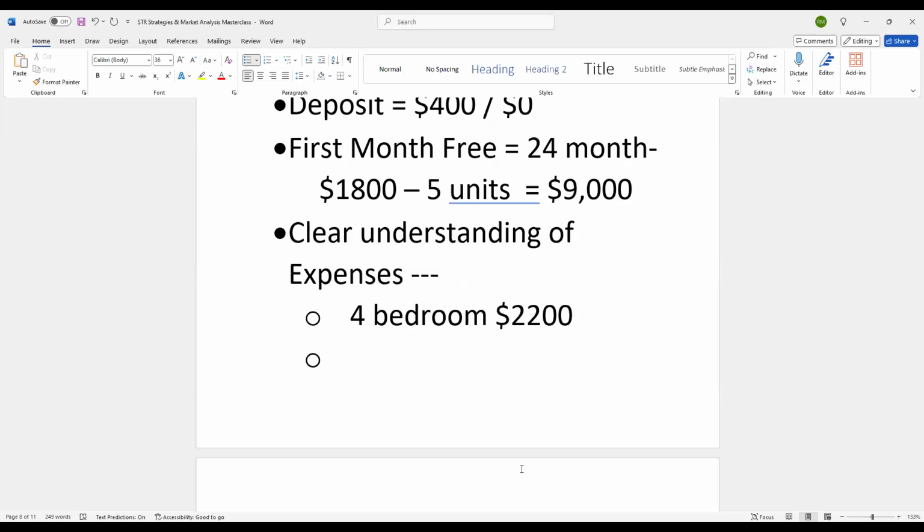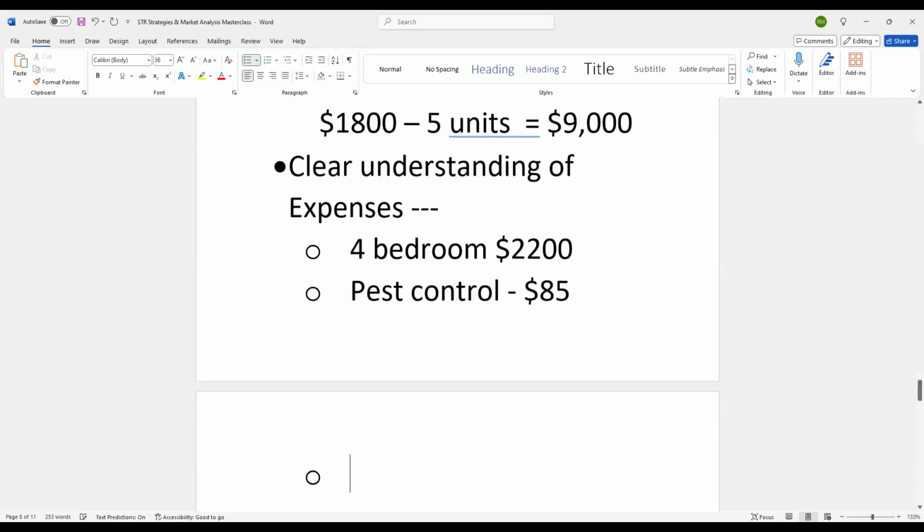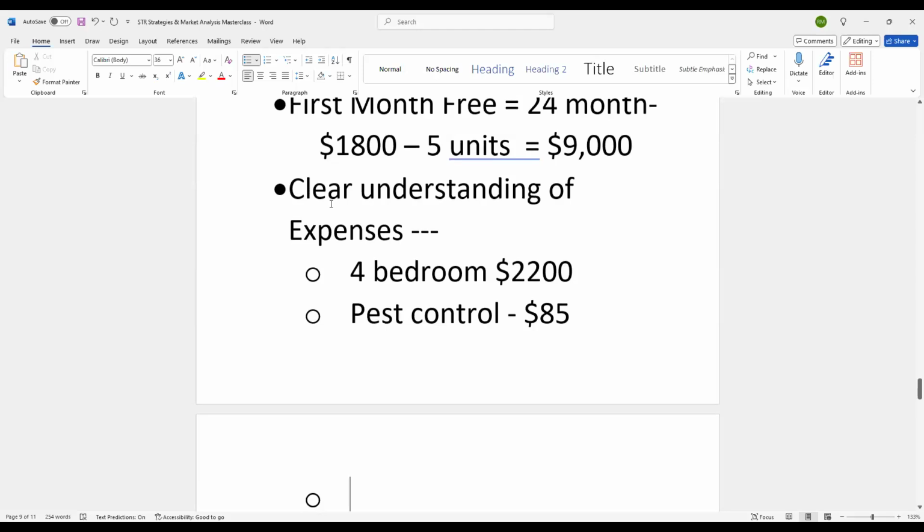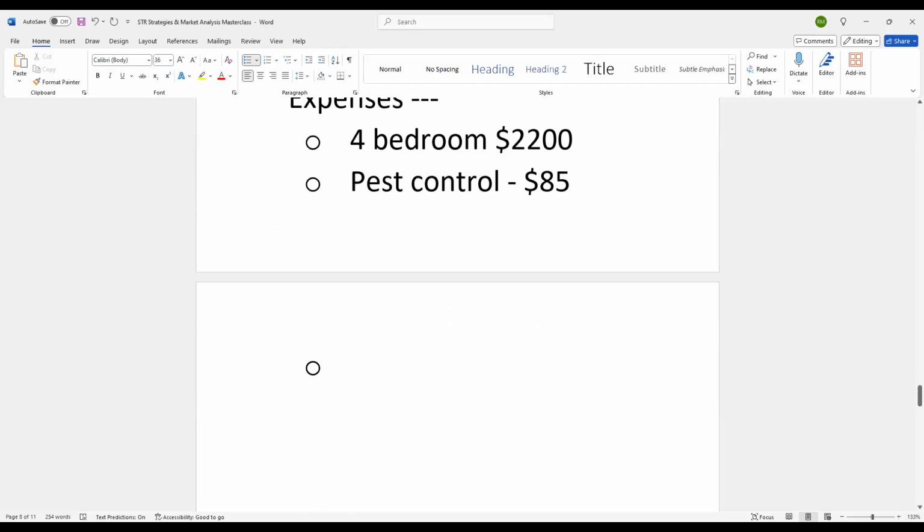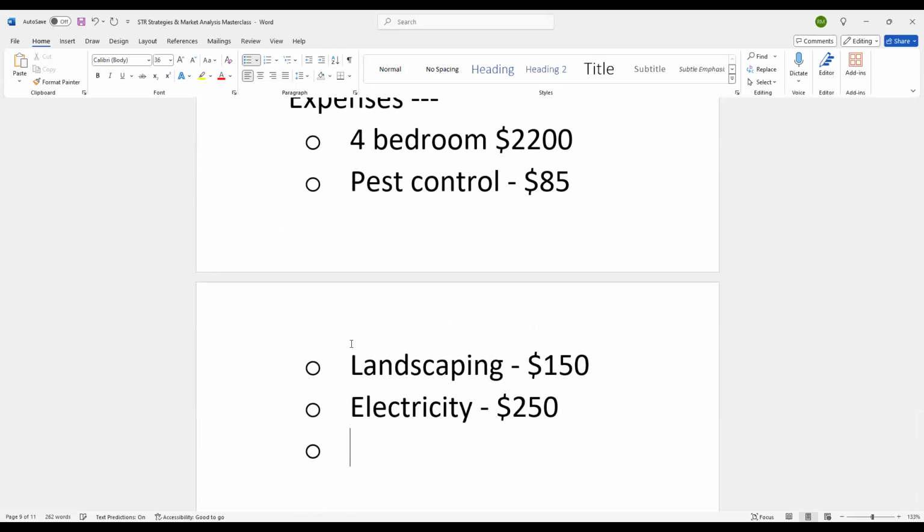You're going to have pest control, usually call it $85 a month. You're going to have landscaping. Let's call it $150 a month. And then of course your electricity, 250, water, whatever that's going to be.